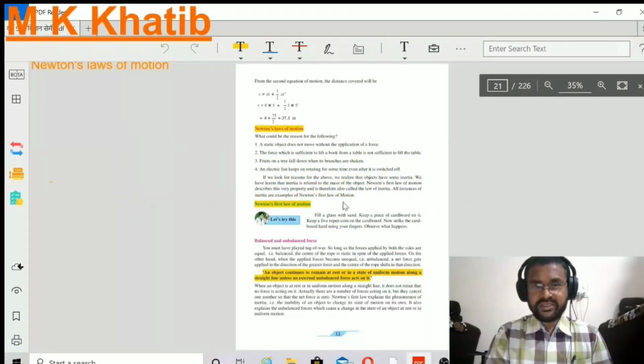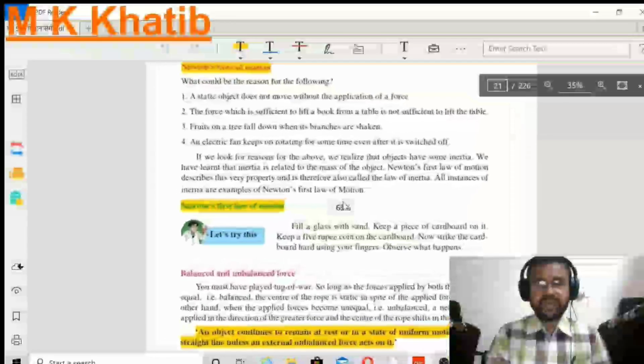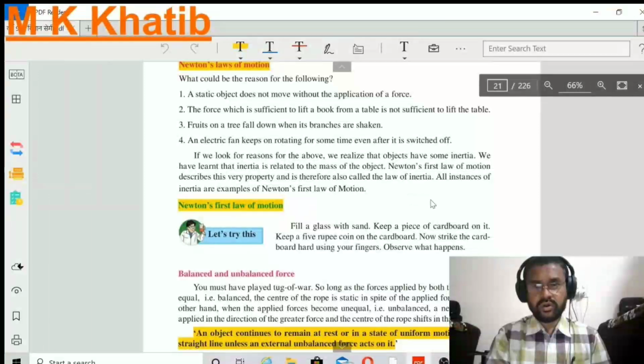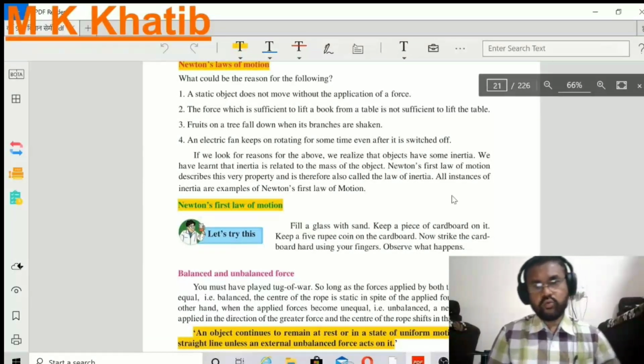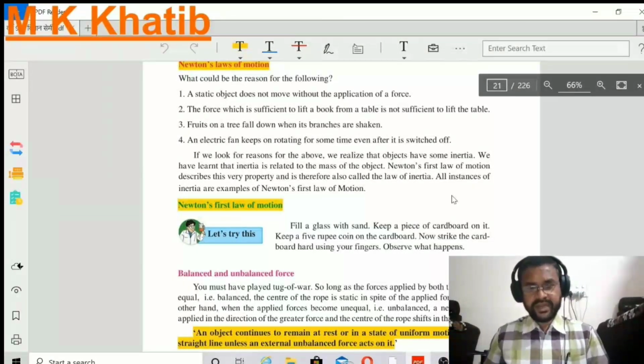All illustrations of inertia are examples of the first law of motion. Now we have to study the first law of motion. For this, we have to do one experiment.